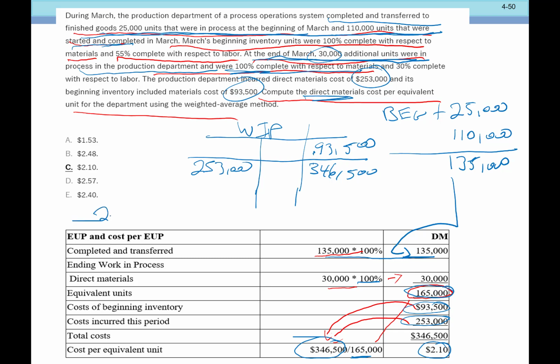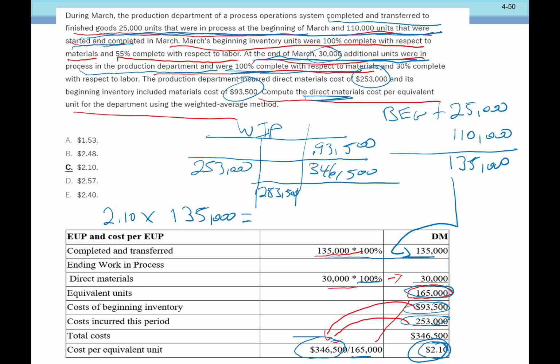It's 210 times the 135,000 units. 210 is my cost per equivalent unit, and I'm transferring out 135,000 units, they tell me. So 135,000 times $2.10 is 283,500.